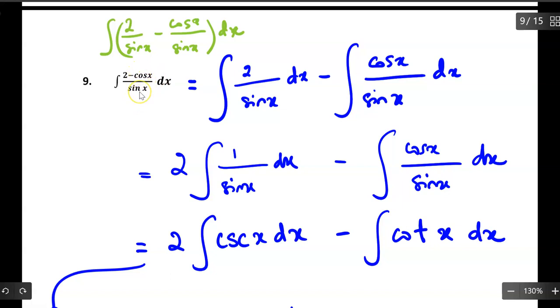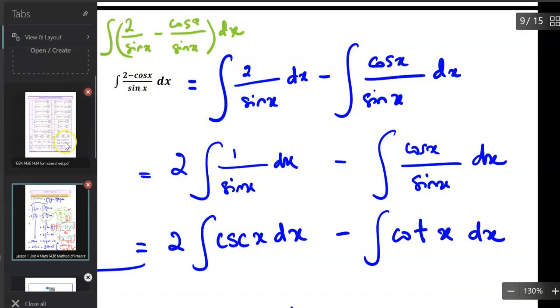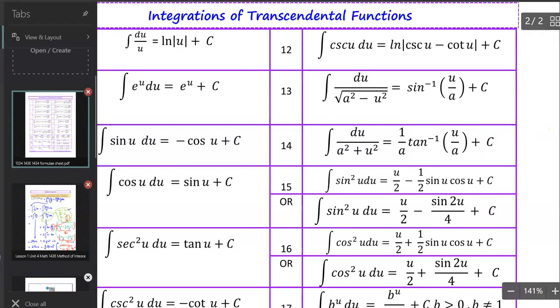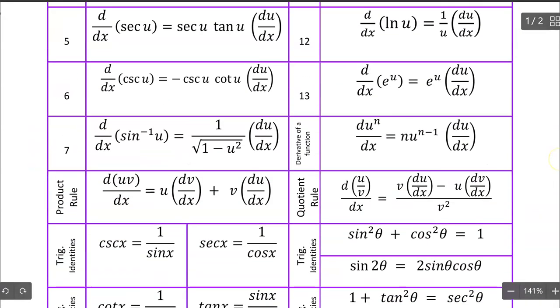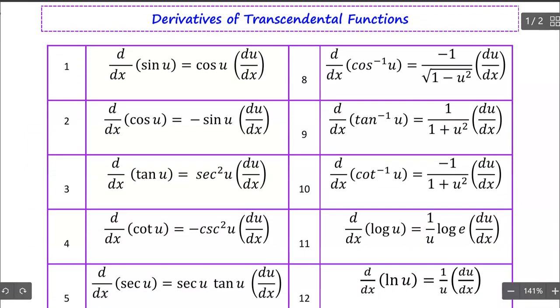So if you chose to let 2 minus cos x equal to u, what is the derivative of minus cos x? The derivative of 2 is equal to 0. The derivative of cos is equal to what? Okay, let me review for everyone: the derivative of cos is equal to negative sine.